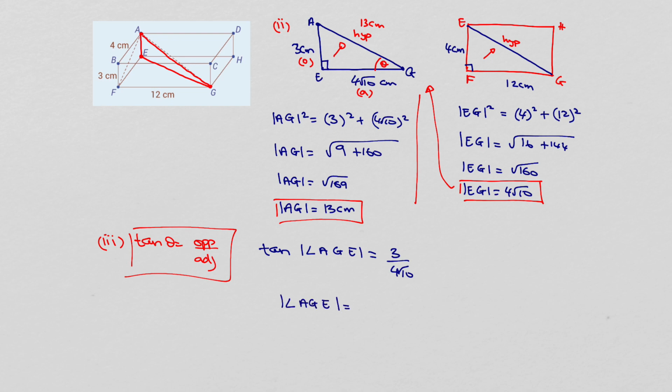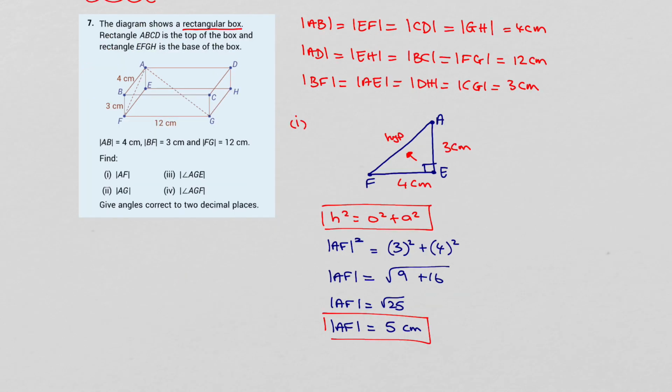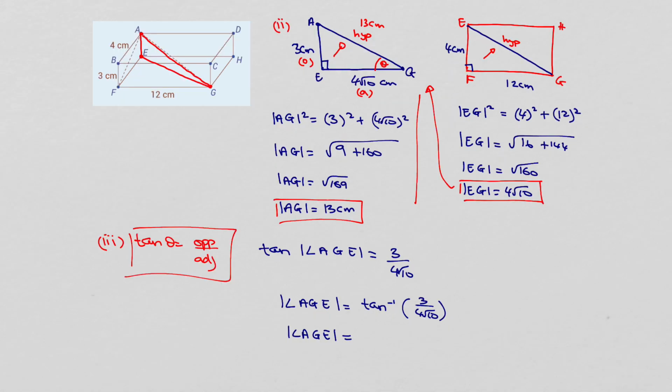So AGE is tan inverse of 3 over 4 root 10. So making sure our calculator is in degrees, then our answer correct to 2 decimal places is 13.34 degrees.